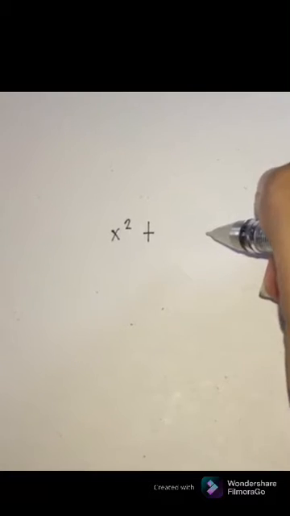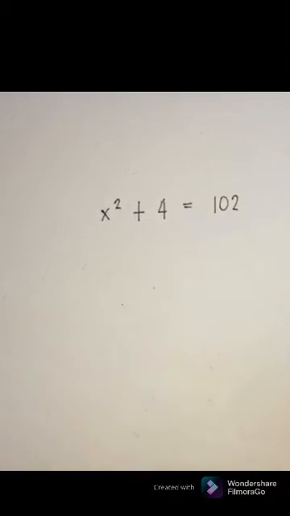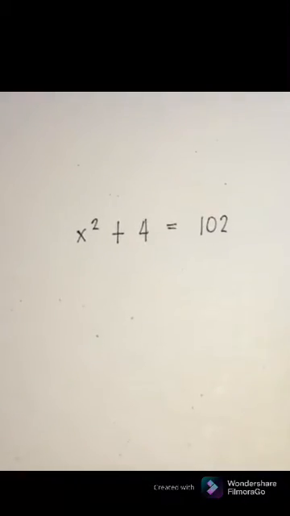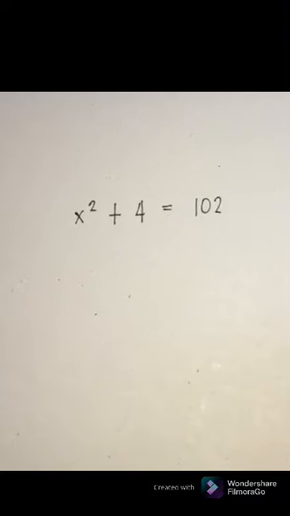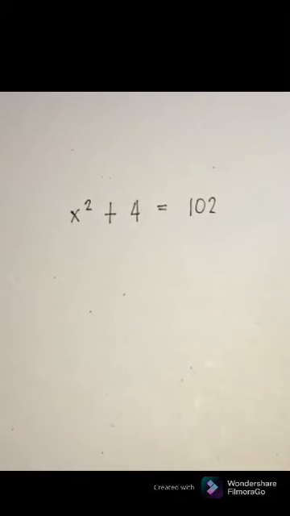So let's start. So let's have first the example number 1 in page number 9. So we have there x squared plus 4 equals 102. So we're going to solve the quadratic equation using the extracting square roots. So first, we're going to combine all the constants.